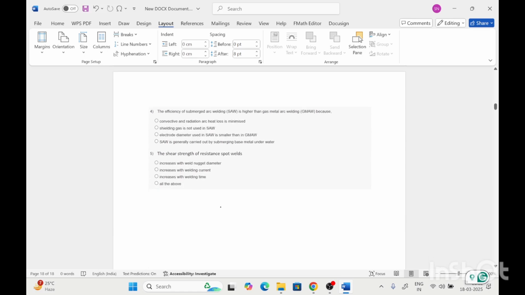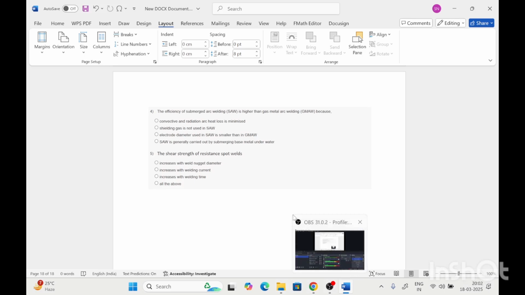Next question: the efficiency of submerged arc welding is higher than gas metal arc welding because convective and radiation heat arc losses are minimized. Yes.